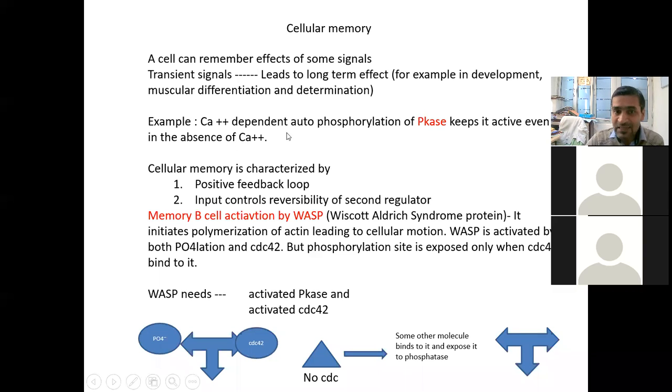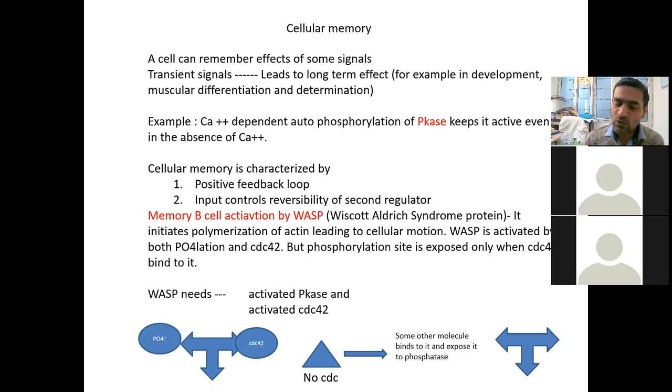An example is calcium ion dependent autophosphorylation of the protein. During embryonic development, many of the cellular events, cell biology related phenomena, are dependent upon protein kinase. And what does protein kinase do? It does phosphorylation of the target molecule. So this is called phosphorylation.